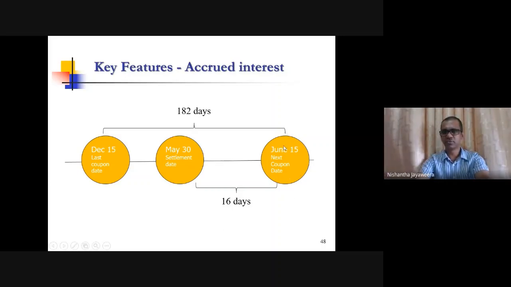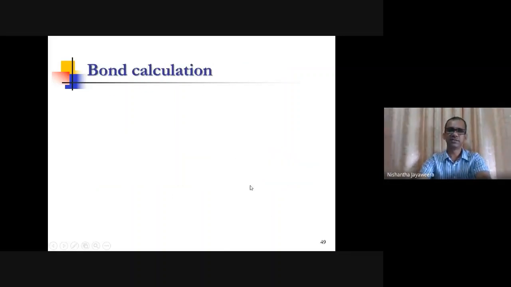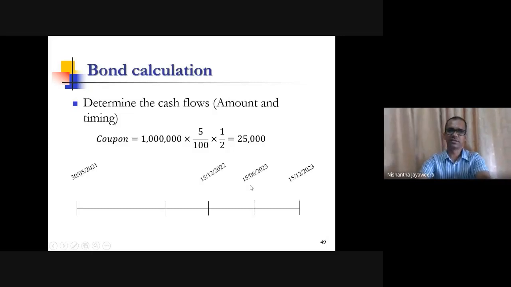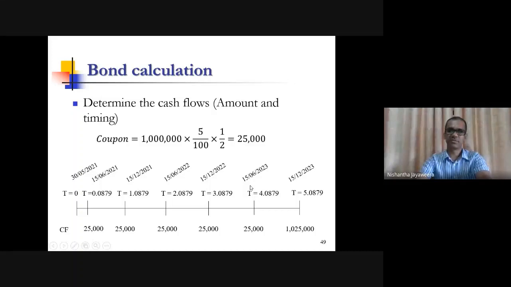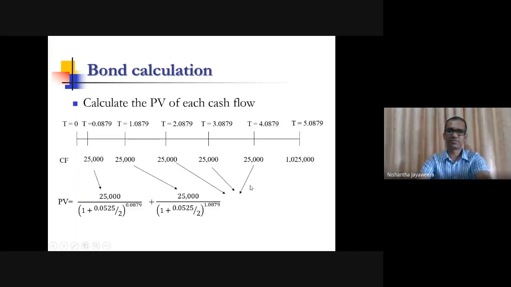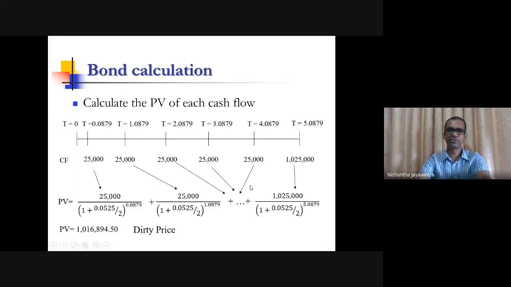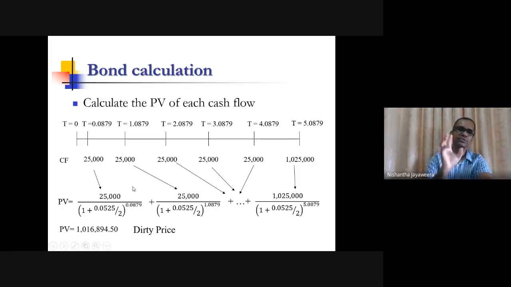When we take the coupon payment here, it means for the whole period, which covers this accrued interest period as well. So therefore, that gives you the dirty price, not the clean price. Is it clear? So you get the dirty price once you use this method.